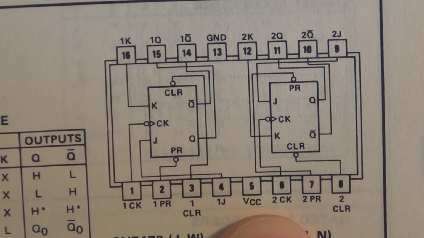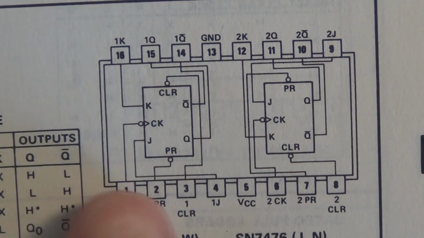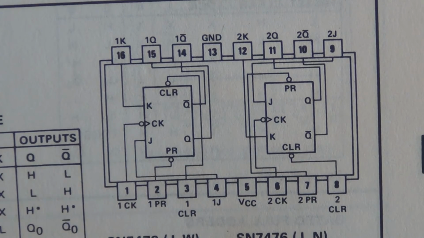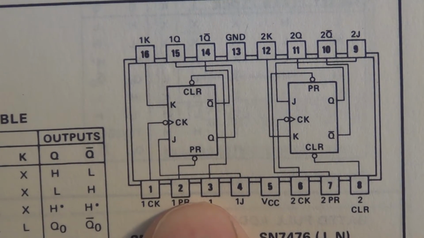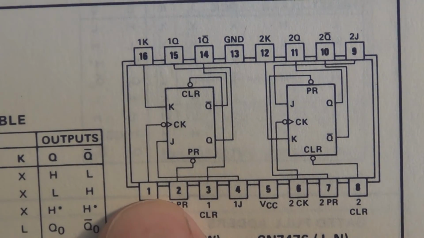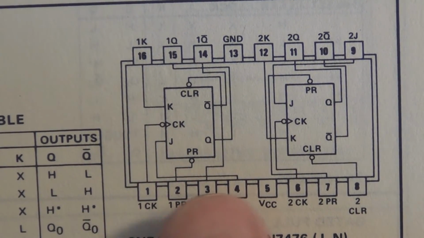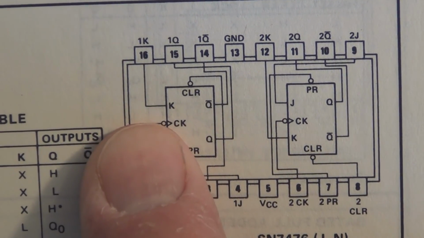So you can see there VCC and ground, and here are the pinouts for the two JK flip-flops. So first I'm just going to wire a single flip-flop, and then we'll go through the different levels on J and K, and then take a look at the toggle mode of operation with a 1 on the J and a 1 on the K.